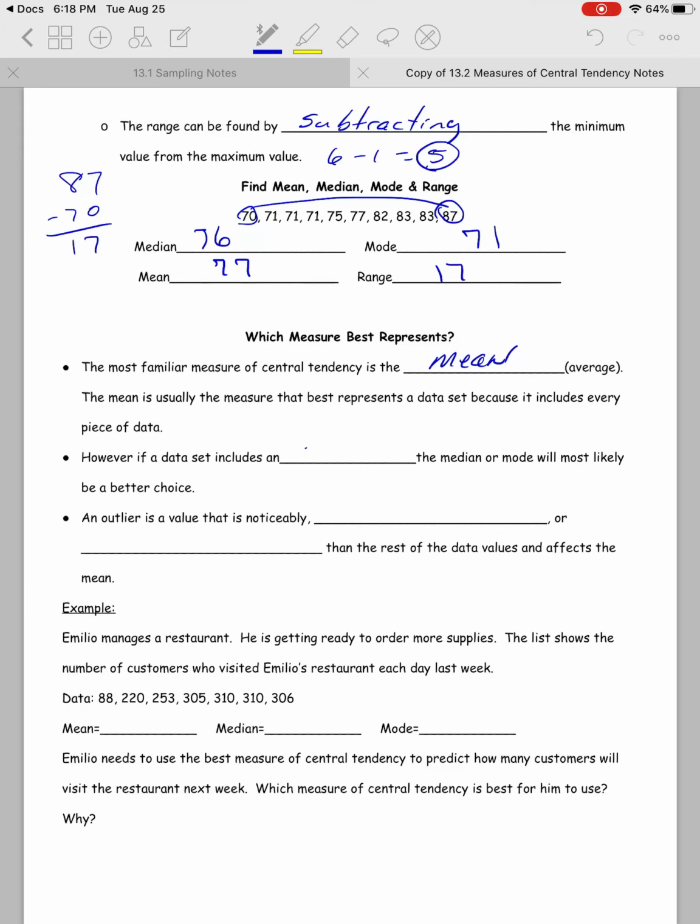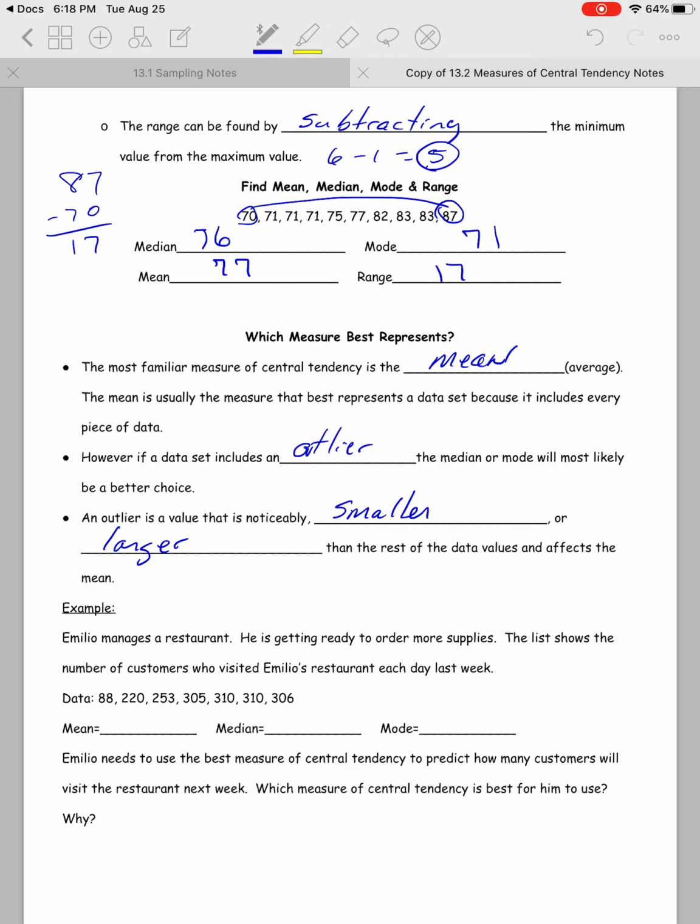However, if a data set includes an outlier, the median or mode will most likely be a better choice. An outlier is a value that is noticeably smaller or larger than the rest of the data values, and it affects the average or the mean.